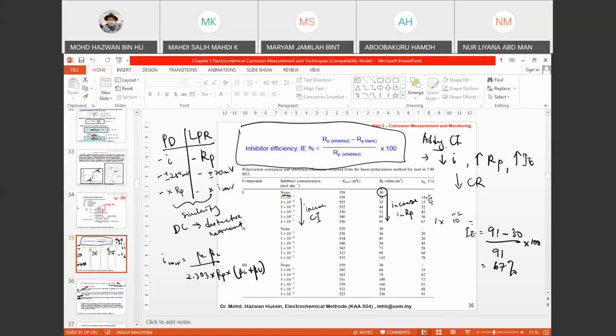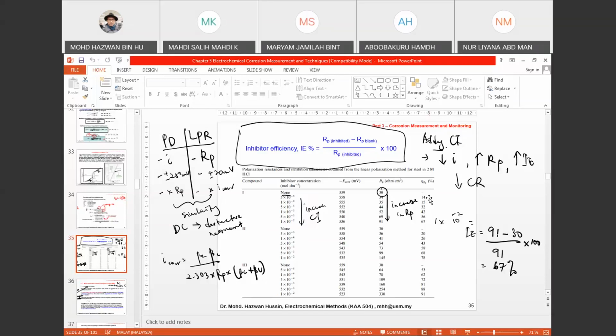Because if I calculate using this law, 34 minus 30 divided by 34, I got 11, not 14. Yes, like 11 or almost 12.